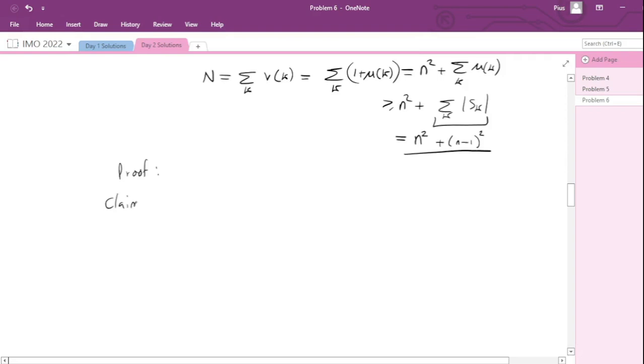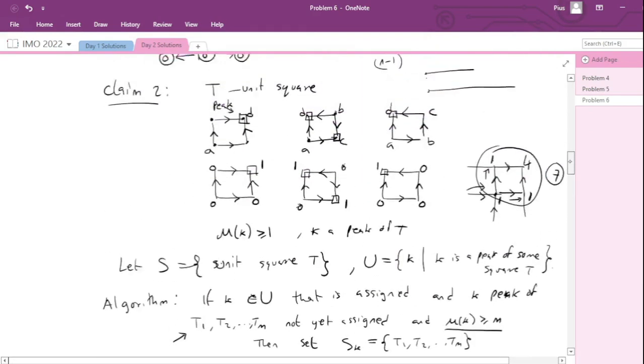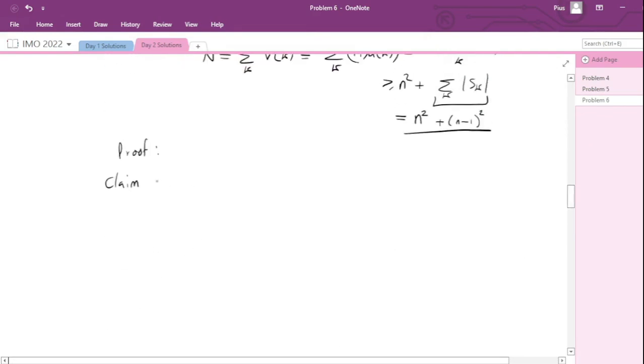So claim, let's see, we had claim 2, okay, claim 3. All right, so claim 3. Suppose there exists a square not yet assigned to a partition.